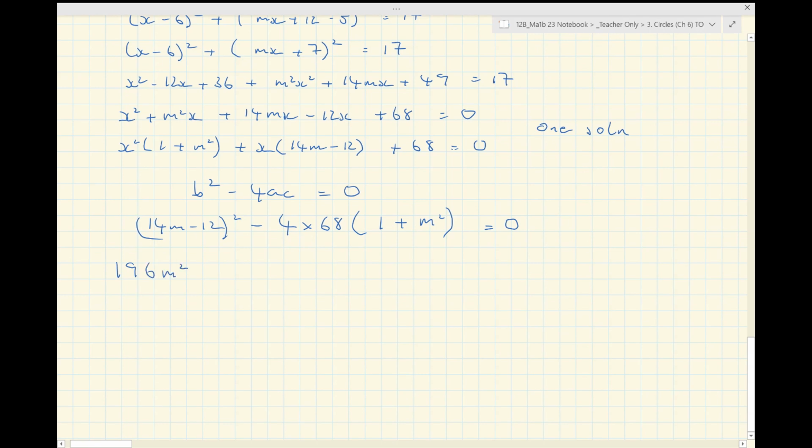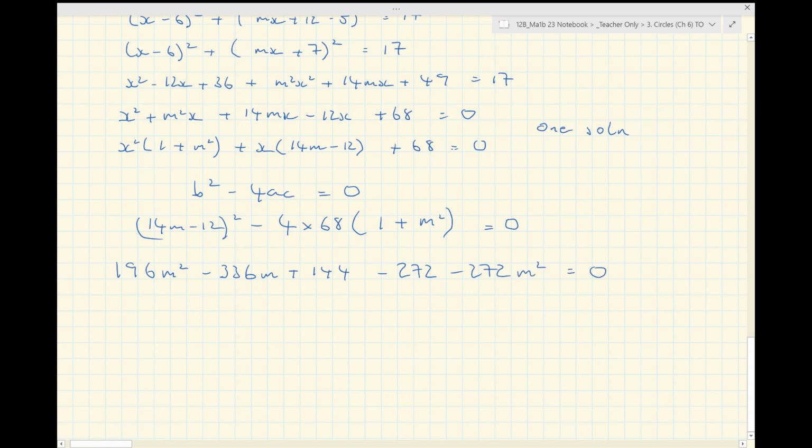Now 12 times 14, and I want to double that. Minus 336m plus 144. Now I'm going to do minus 4 times 68, so minus 272 times the 1, and minus 272 times the m squared. That has to equal 0.